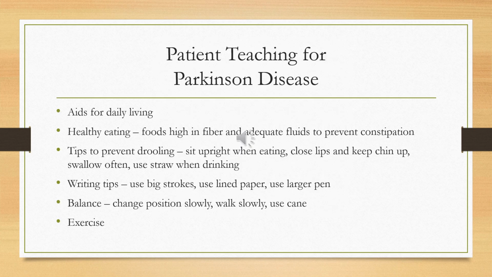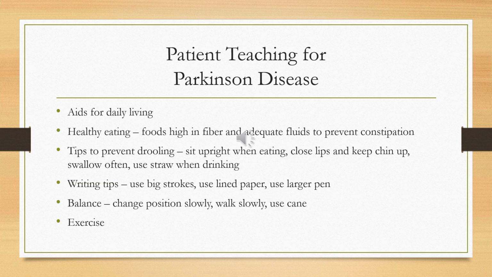All right, so when you're talking about patient teaching for your patient with Parkinson's, you want to teach about different things that might help with their activities of daily living, depending on what their issues might be. High fiber diets, because everything is going to slow down.